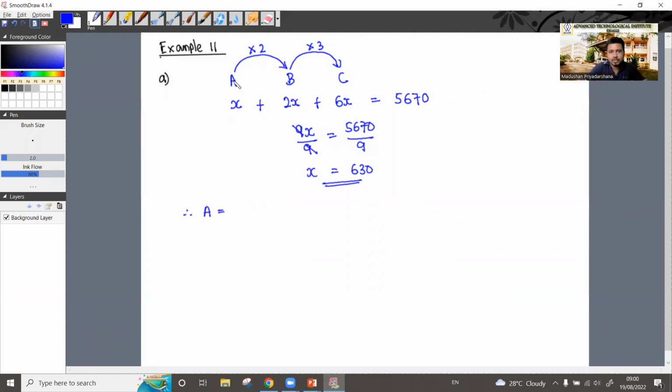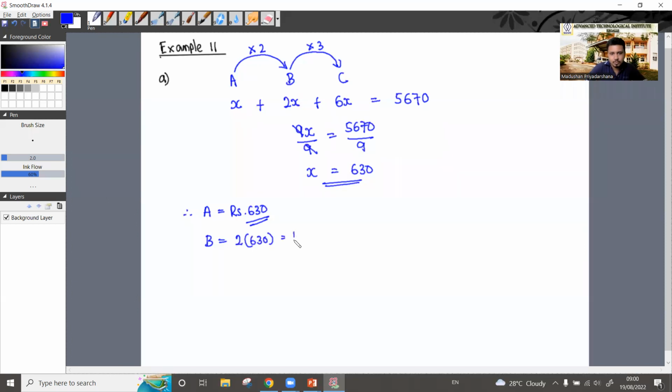Therefore, what is the amount that should be received by A here? A should get an amount worth of x. The value of x we have found to be 630. Therefore, A should get 630 rupees. What about B here? 2x. 2 times into the value of x is 630.